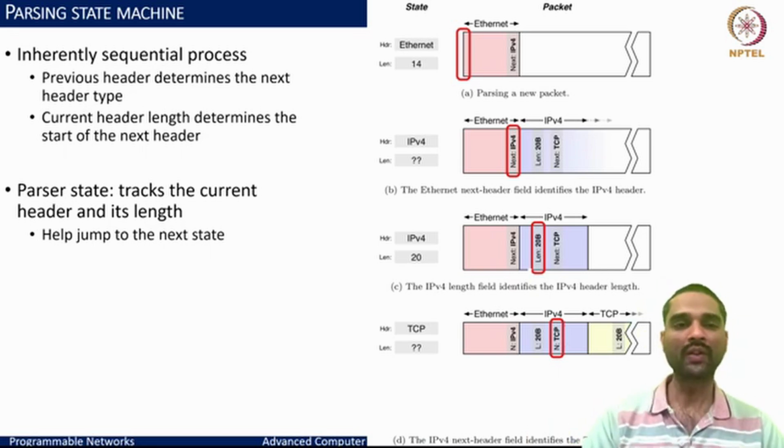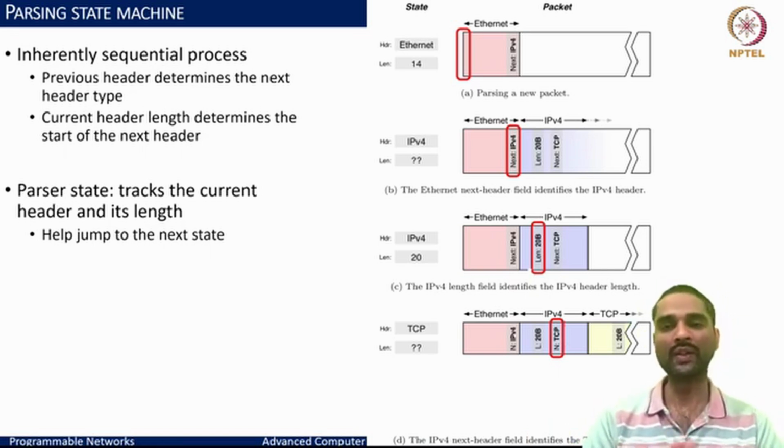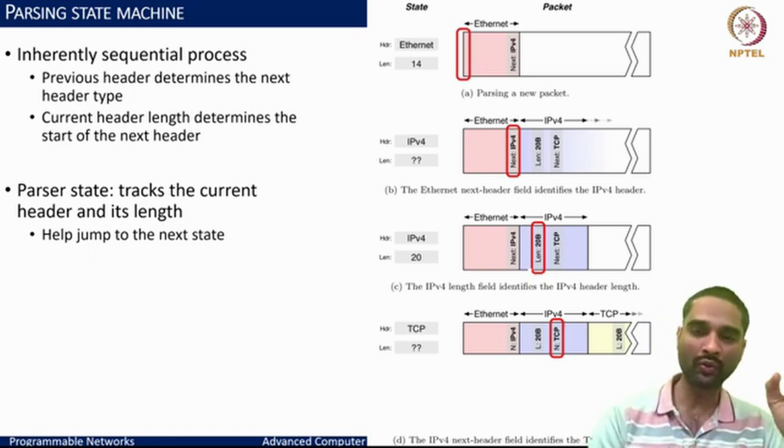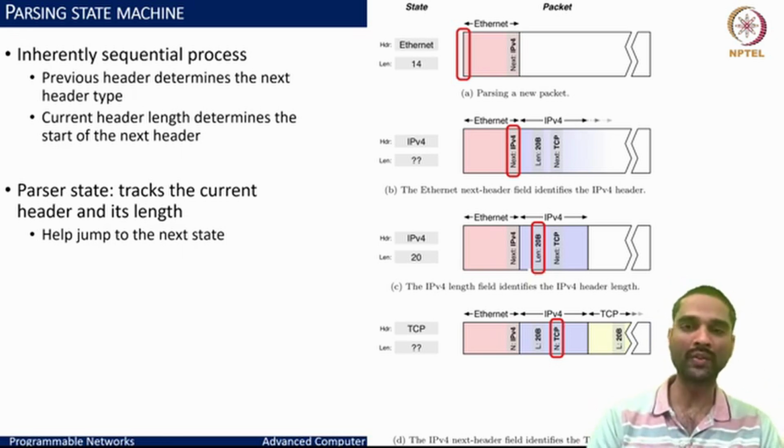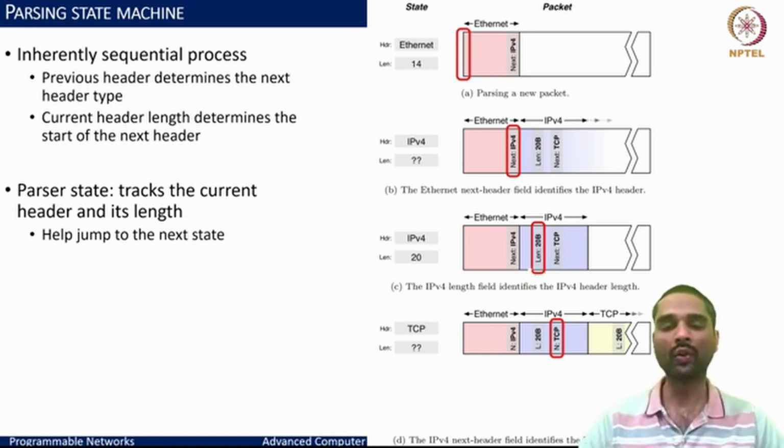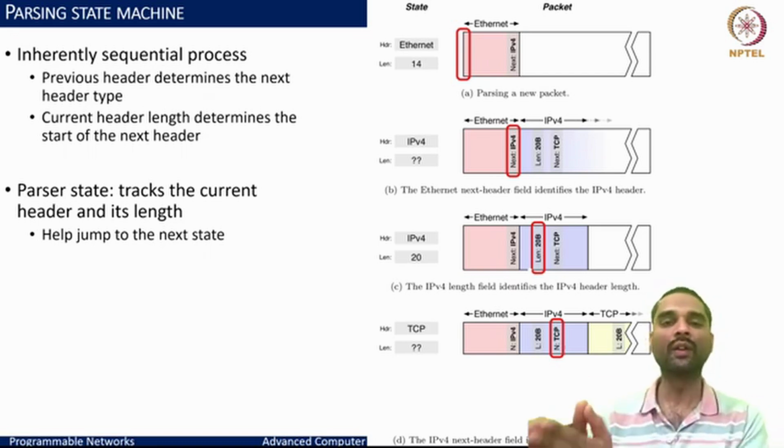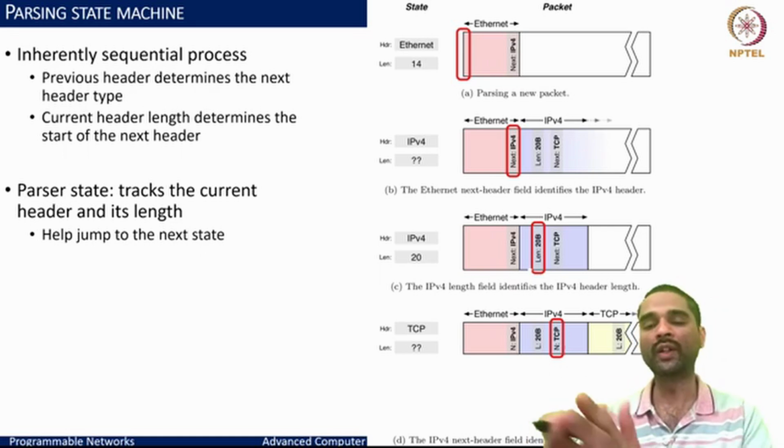So this parsing mechanism is inherently sequential because you have to start with the base header Ethernet and then look up what are the next subsequent headers and start catching up on them. The current header length in a way determines where the start of the next header is that you are really looking for.